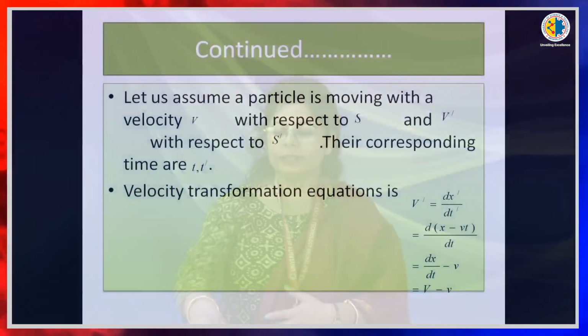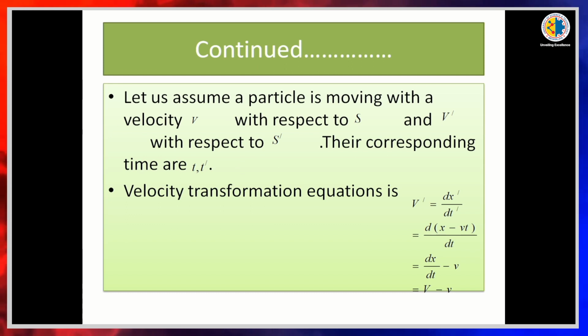Velocity transformation equation, discussed last class: V dash is equal to dx dash by dt dash, which is equal to d of x minus vt divided by dt, which after calculation gives dx/dt minus v, and dx/dt is the rate of change of displacement in S frame. So, it is capital V minus small v.